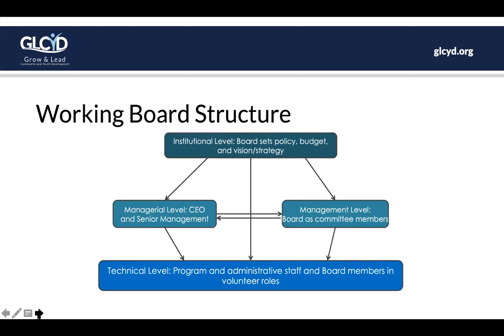And then again, at the technical level, we could have staff and volunteers, but we could also have board members that are filling those volunteer roles. So the big thing to watch out for in the working board structure is burnout, because the same people can be filling a number of layers of the things that are happening within the organization.